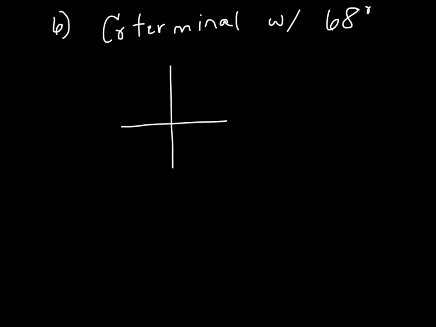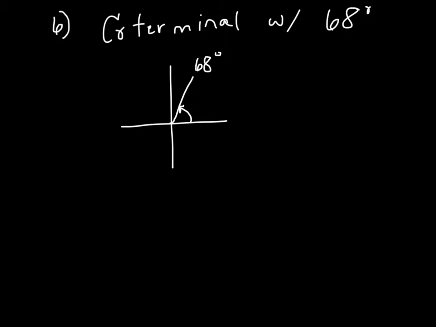Number 6 wants angles that are coterminal with 68 degrees. All that means is they end in the same place as where 68 degrees is. So 68 is kind of like right there. They really want to know how we could take the long way to get there. We could start right here and just go straight to 68. But what else could we do?